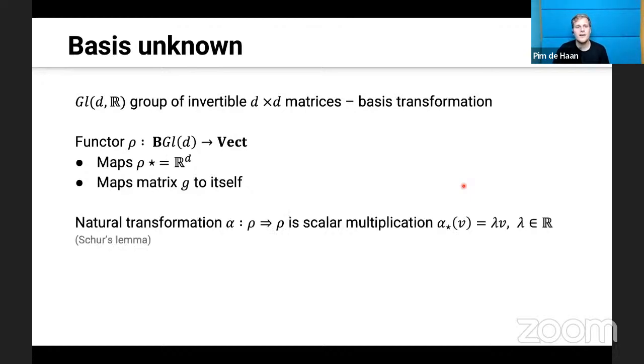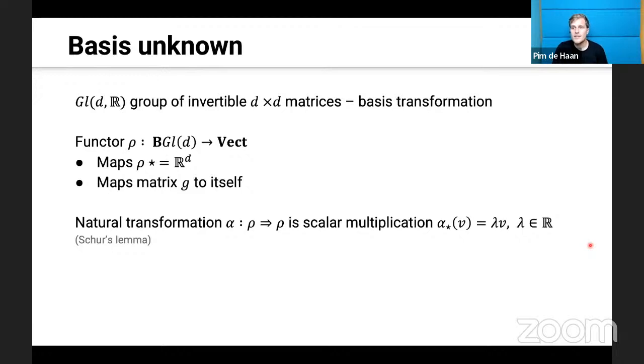Now, if we want to be equivariant relative to this group, then the only thing we can do is apply scaling. This is related to something called Schur's lemma. Basically it means that whenever we have no clue in which basis the data is presented and then apply our linear transformation on the data, there are very few parameters that we can use. All we can do is scale the inputs by some real number.